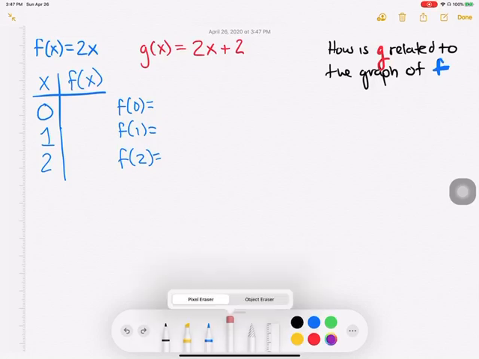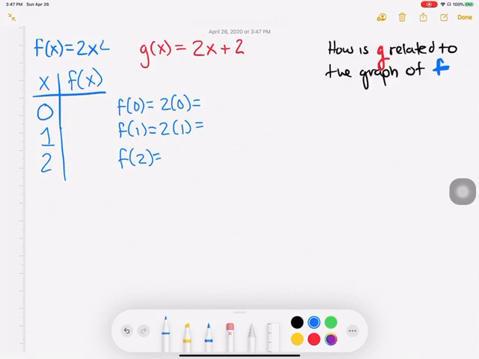And to find f of 0, that's the first one, I'm going to replace the x in my original equation with a 0, right? 2 times 0. And the second one, I'm going to replace the x with the number 1. And on the last one, I'm going to replace the x with the number 2, right? We're talking about this equation over here on the top that represents f of x.